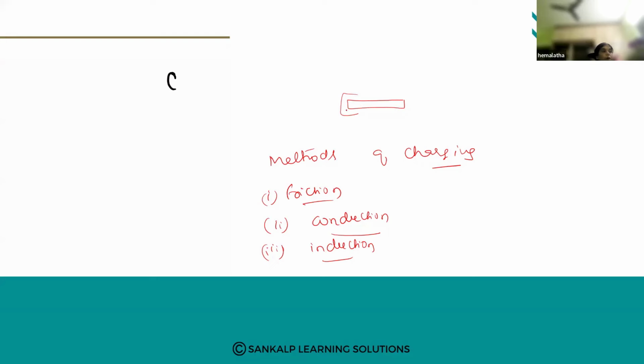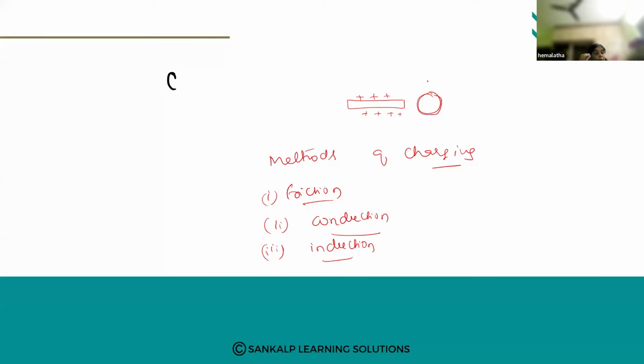Now suppose there is a charged particle, say a metal rod or glass rod rubbed with silk. If there is a metal rod, a charged particle, and you bring this near an uncharged particle, one metal disc like this, it is not at all a charged one.